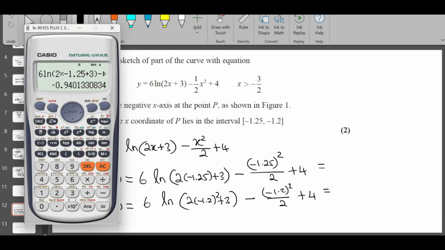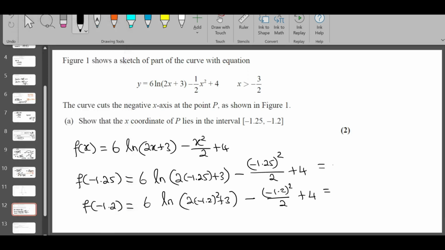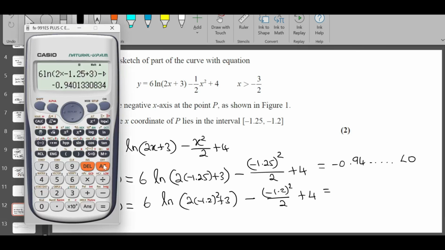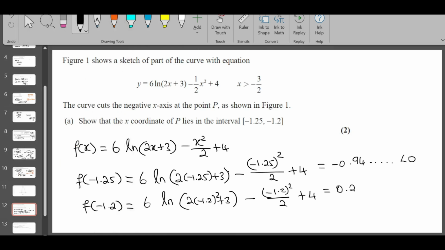You get a negative number, minus 940.94 dot dot dot, write it as less than 0. Okay, now minus 1.2 now. So what I'm going to do, I'm going to use the same thing, but I delete the 5. Now I'm getting a positive number, 2150.21 dot dot dot, positive.